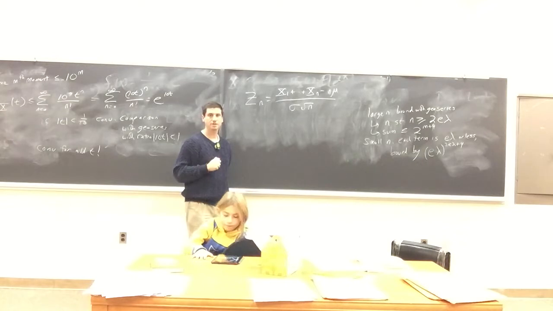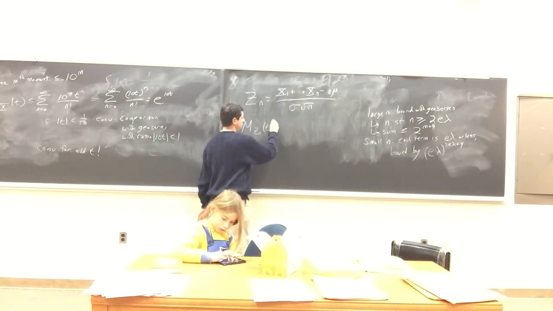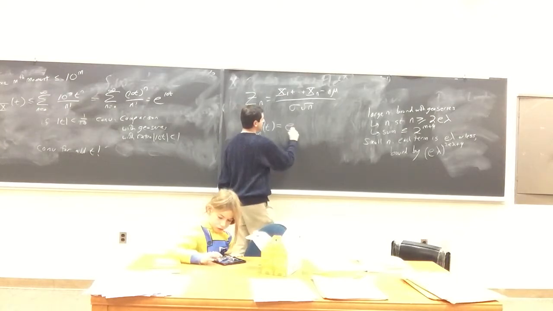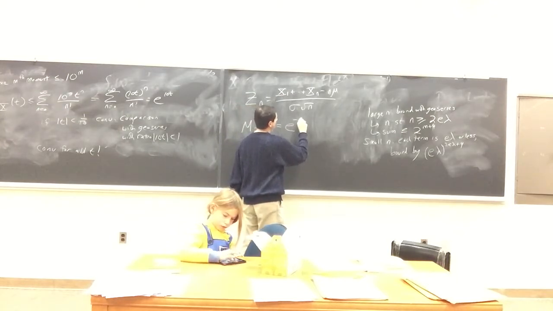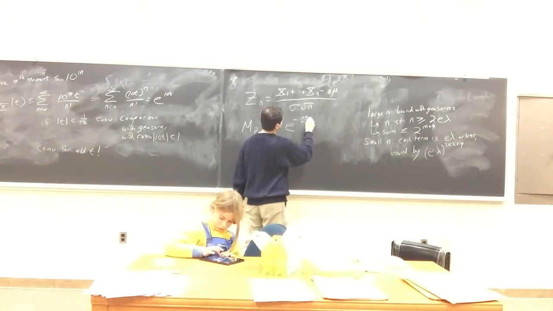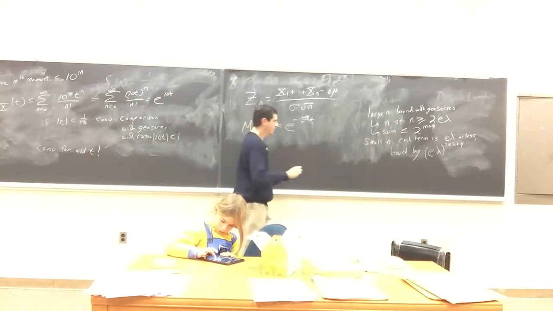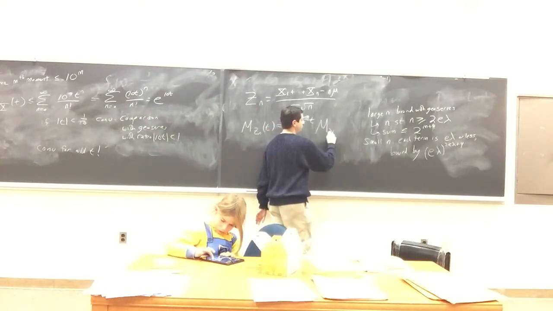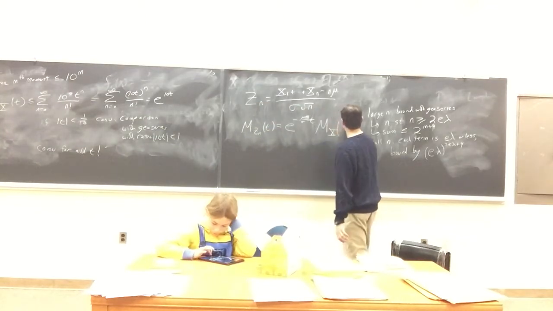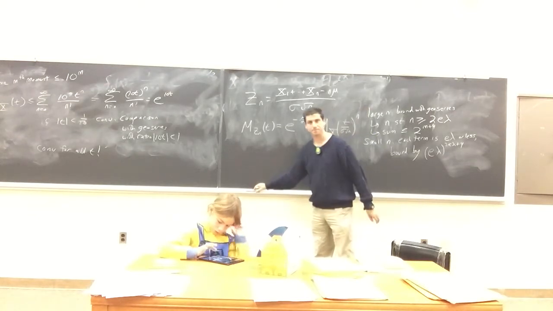And so when we calculated the moment generating function of Zn of t, we eventually got something like e to the negative mu square root of n divided by sigma t, times the moment generating function of x evaluated at t over sigma square root of n, raised to the nth power.